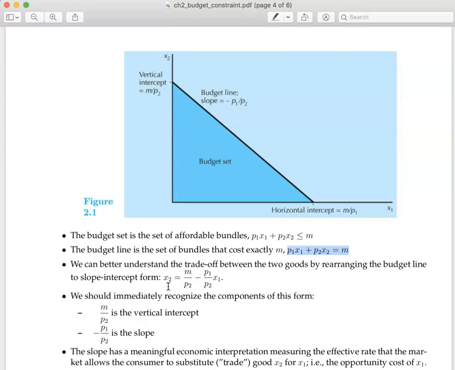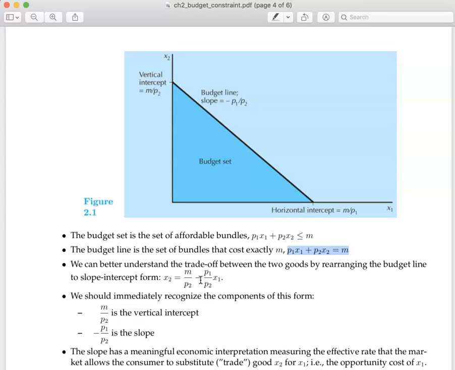And given that we've written this as the equation of a straight line, we should recognize the two components of this form. One is that M over P2 is the vertical intercept, and that minus P1 over P2 is the slope, right?